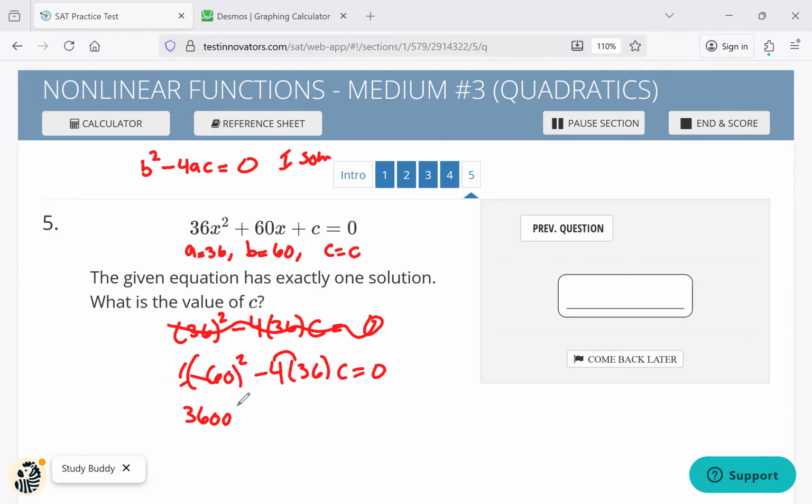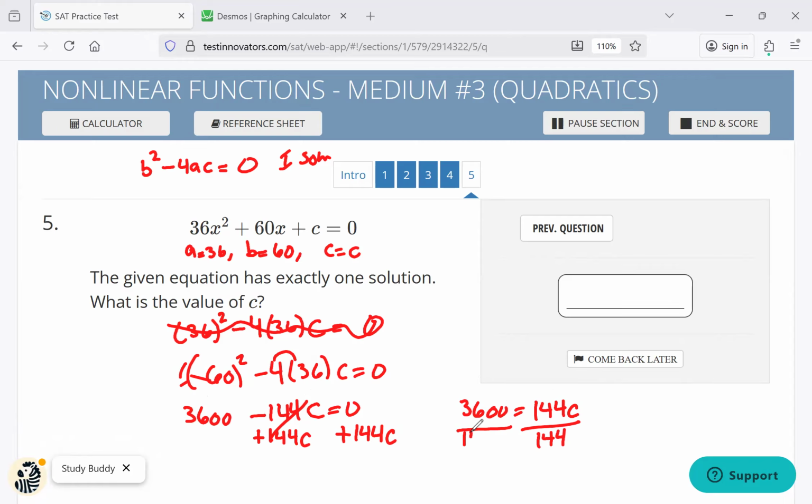Negative 4 times 36 is negative 144c equals 0. And then I can add 144c, so I get 3600 equals 144c. Solve for c, so you're going to divide both sides by 144, and you get c equals 25. Okay, so your answer for question 5 is 25.